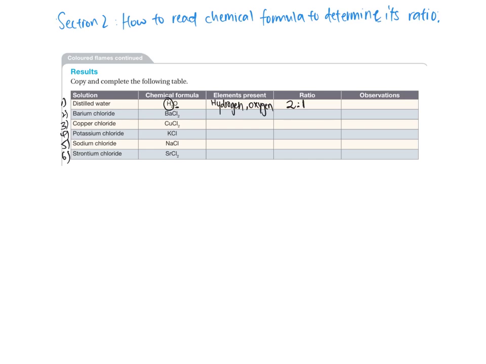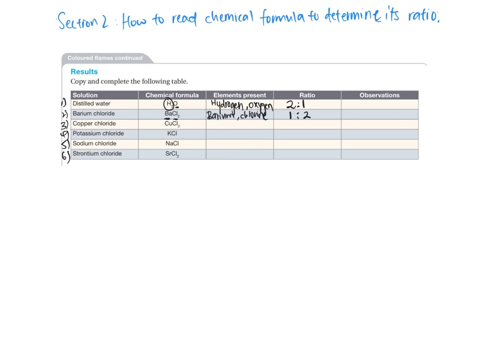Okay, and if we move to the second one, we have barium chloride, which is chlorine, and that means we have barium and we have chlorine. So what's the ratio? As you can see, there's only 1 barium, but there are 2 chlorine, so the ratio is 1 to 2.